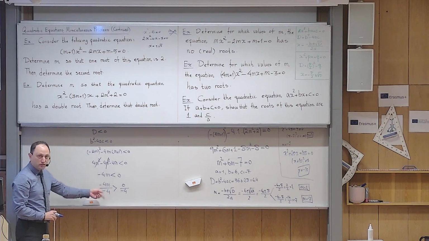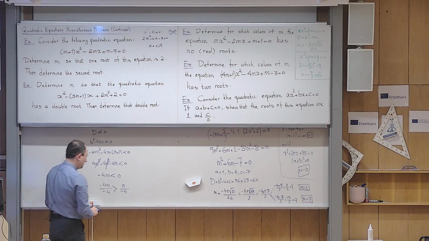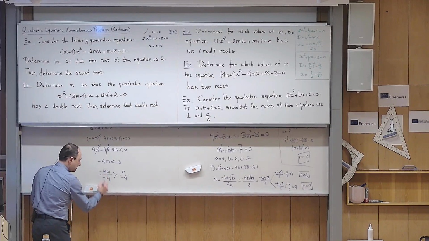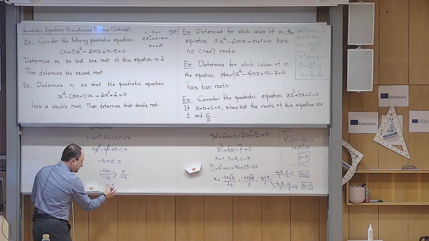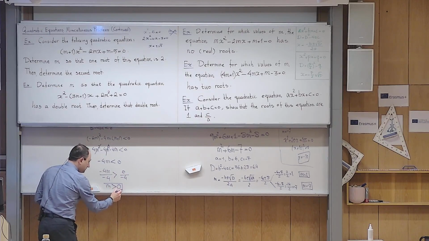Minus 4m divided by minus 4 is nothing except m, greater than 0 over minus 4, which is 0. And that is the answer.